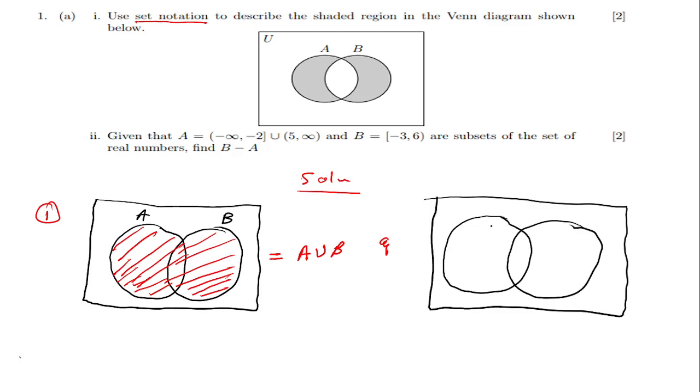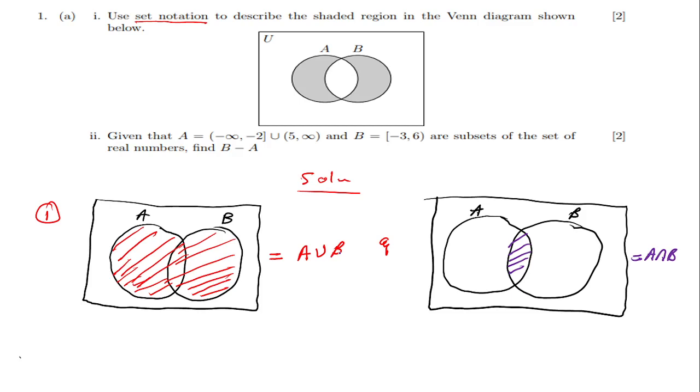The next step is to define the region which is unshaded. I'll quickly get that region, which is this region. This region is the same as A intersection B. With these two regions in mind, I can now come up with the solution.